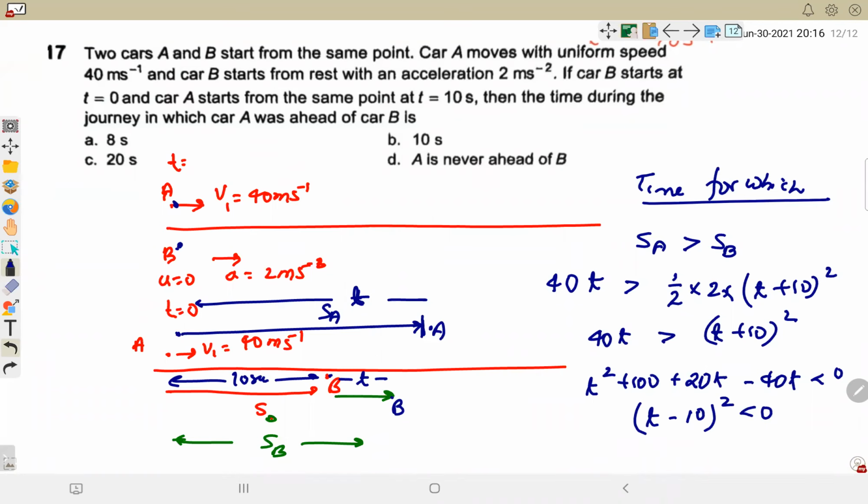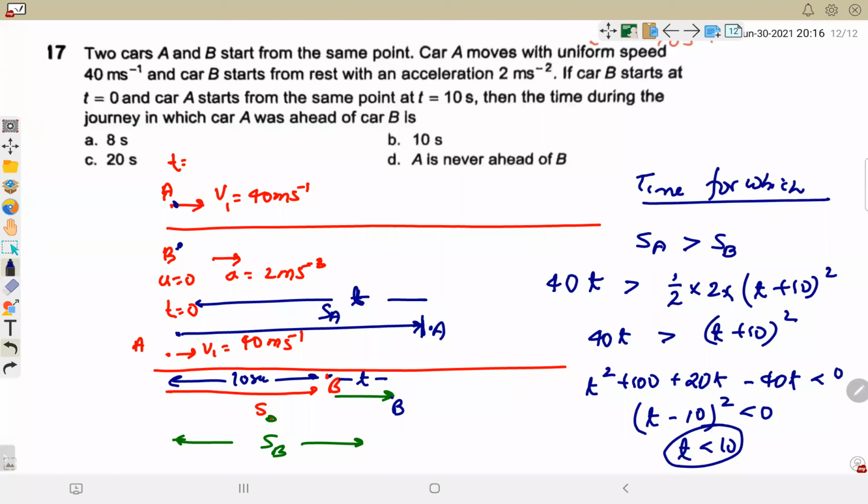So t should be... yes, बड़ा समझ आ रहा है? t कितना आ गया? t is less than 10.